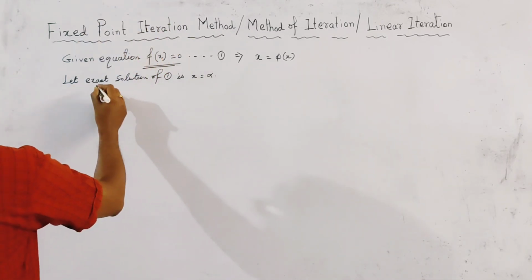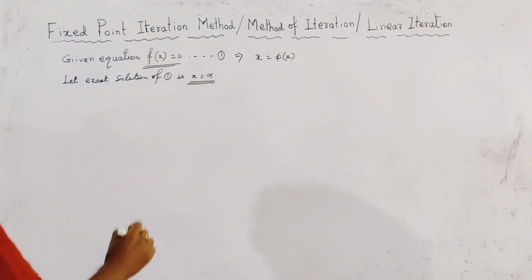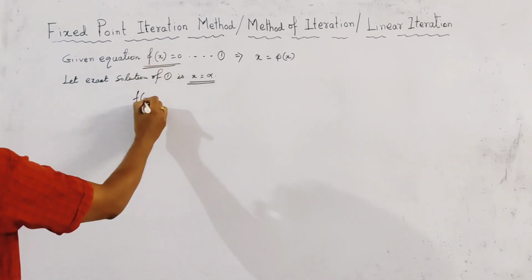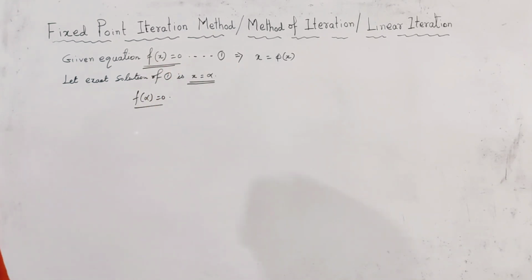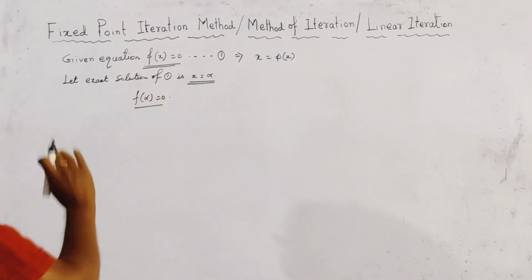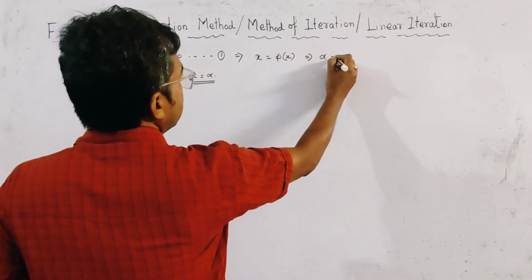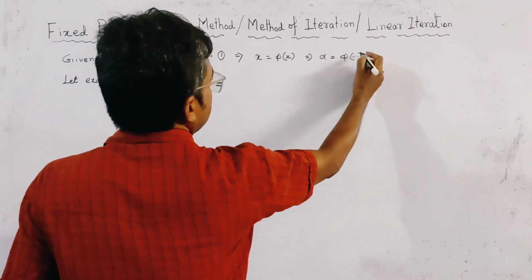Since the exact solution is x = alpha, it must satisfy equation (1), that is f(alpha) = 0. And since f(alpha) = 0, we must write alpha = phi(alpha).